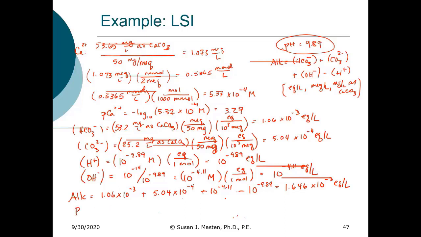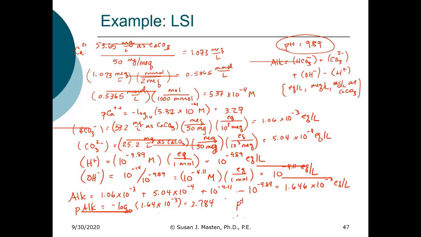My P alkalinity, so the negative log of the alkalinity, is equal to 2.784.